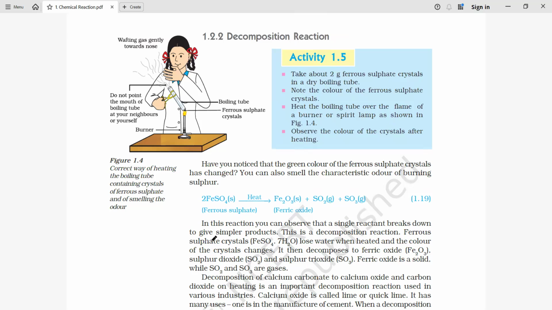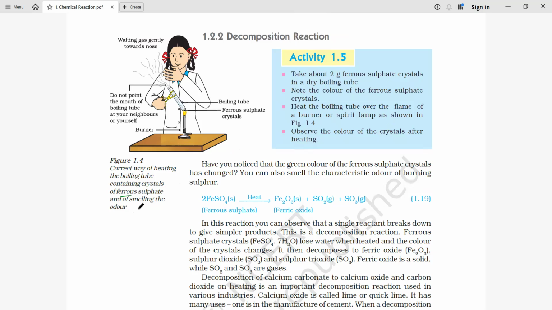यहाँ पे एक activity you can see, heating the boiling tube containing crystals of ferrous sulfate. इसमें क्या है? Ferrous sulfate है, FeSO4. तो ferrous sulfate को हीट किया गया. अब यहाँ पे हीट हम लोग दे रहे हैं.